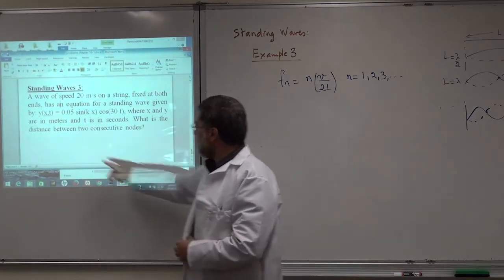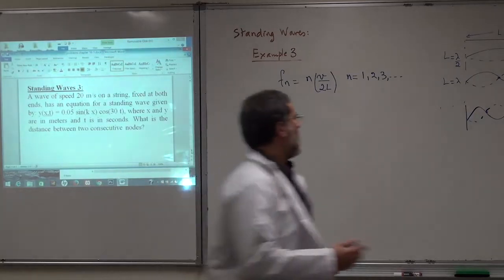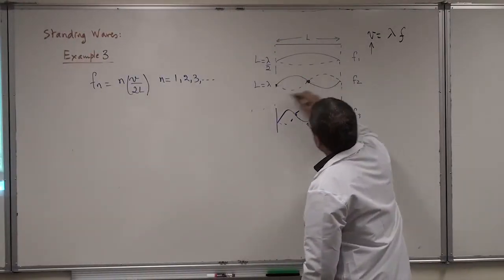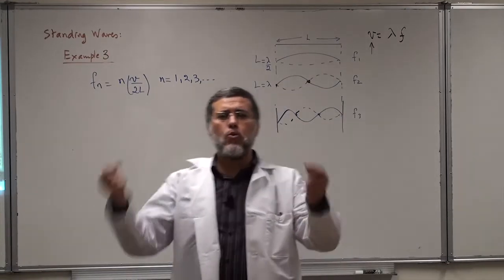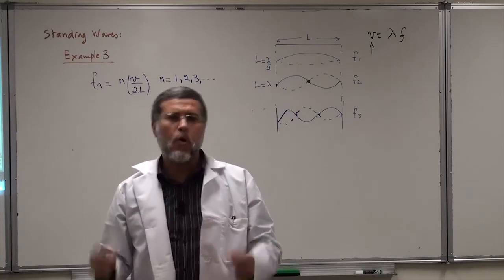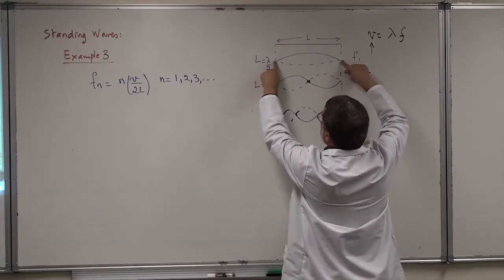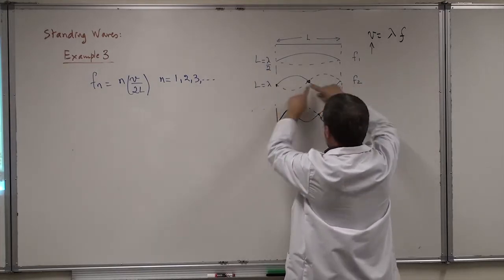What is the distance between 2 consecutive nodes? You want the distance between 2 nodes, for example, this distance here. And I told you, and I'm sure you remember it, that the distance between 2 nodes is always lambda over 2. For example, here I have lambda over 2, and here lambda over 2 and lambda over 2, so the whole length is lambda.